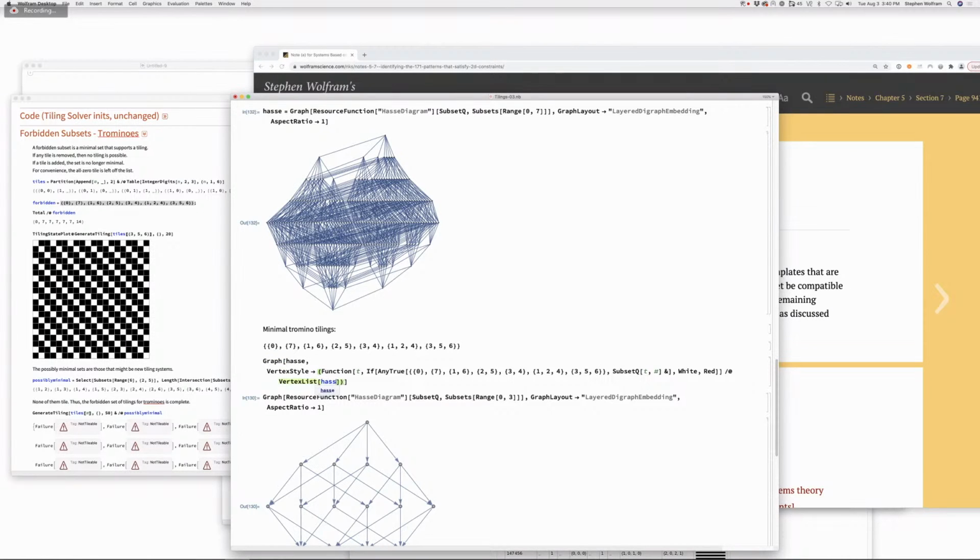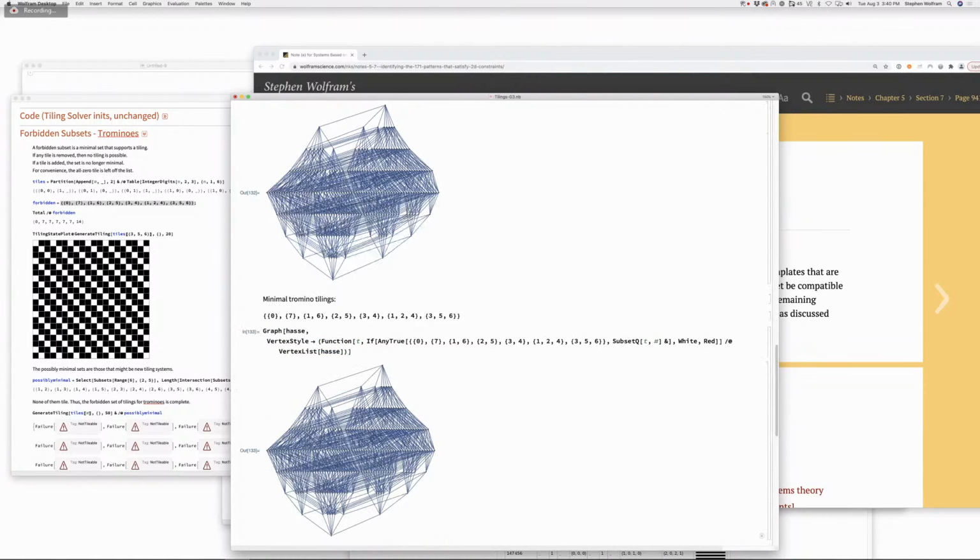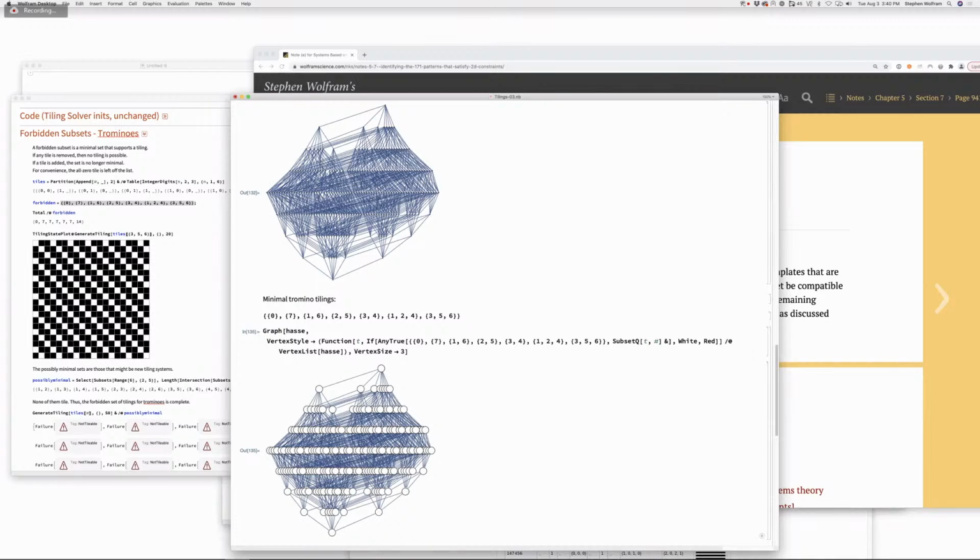Vertex list. And I want to probably say... Okay, why do they all come out white? Do you understand the question?